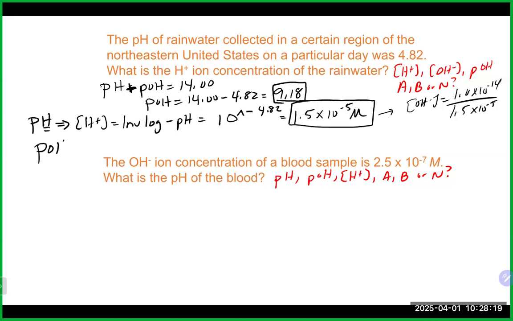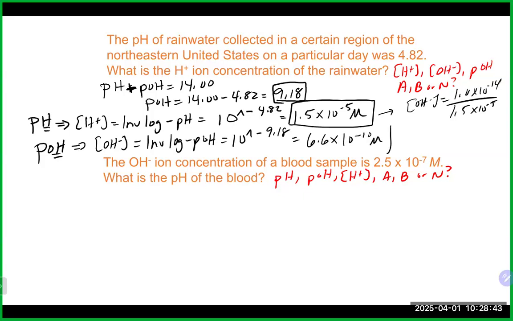Or you could do the same thing as we did for the pH here and do the inverse log of our pOH, since we have that. So why not? We'll do that one there. That's going to be a 10 caret, and our pOH was 9.18. And that's going to get us 6.6 times 10 to the minus 10 molar.